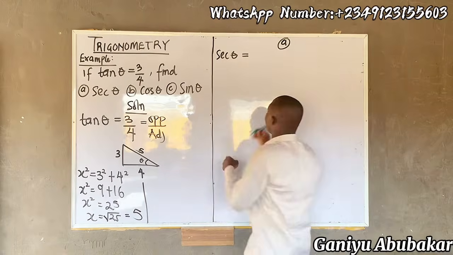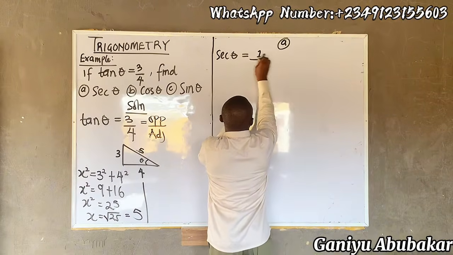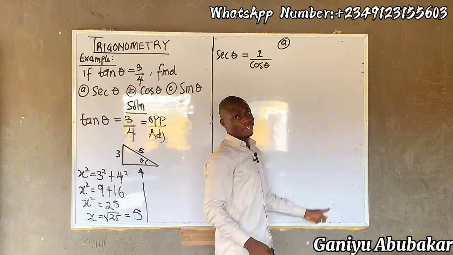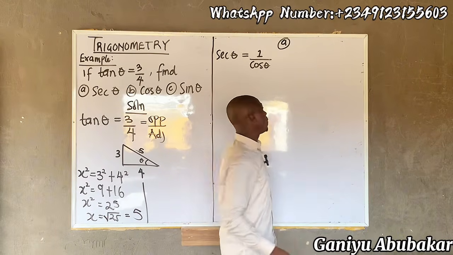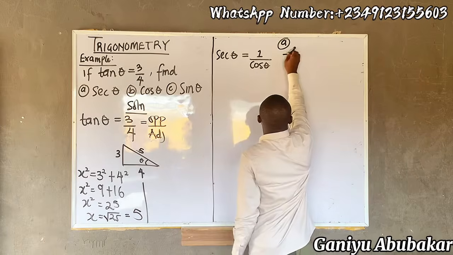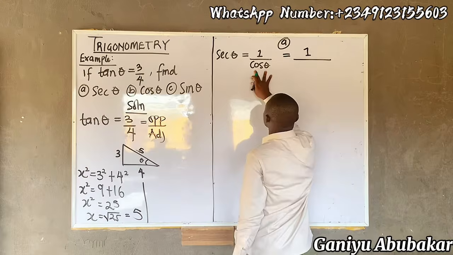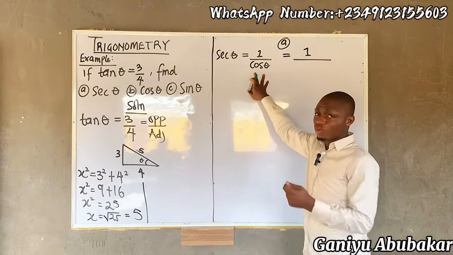That becomes 1 over cos theta, which I gave you initially. That's your inverse function of angles. If this is true, this is now equal to 1 all over cos theta.